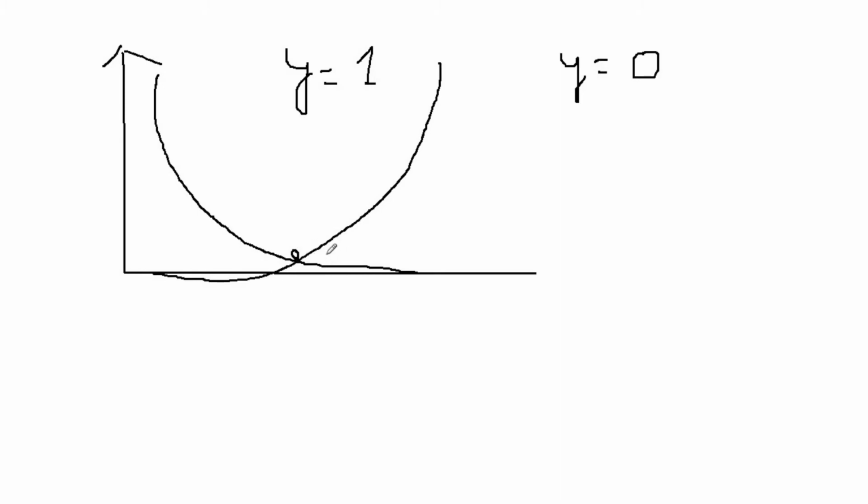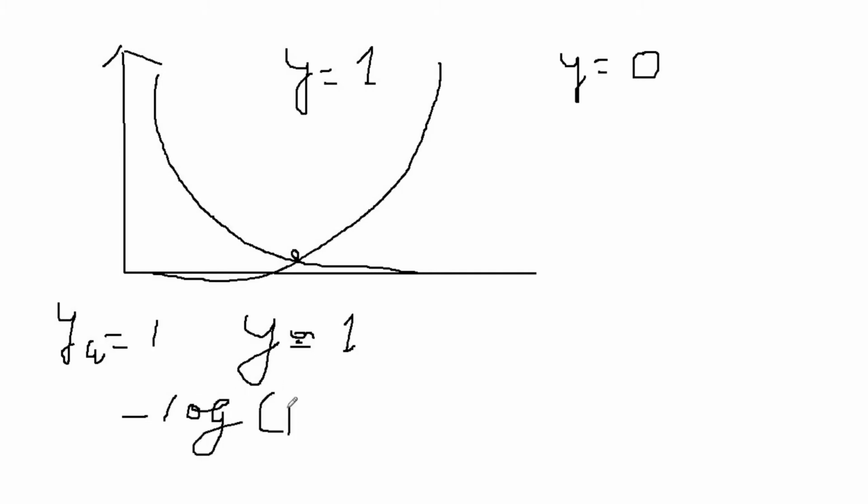Now what happens is, if our y actual is 1 and y predicted, that means the predicted probability, is somewhere close to 1, that means 0.98 or 0.95, something like that, then minus log p will be very close to 0. Hence the cost function will be 0. Our main aim is to reduce the cost function, correct?